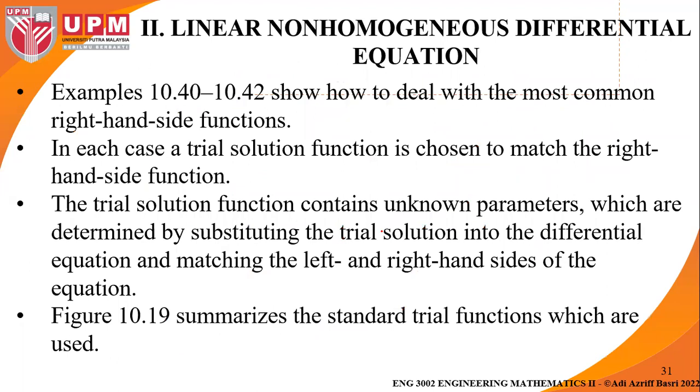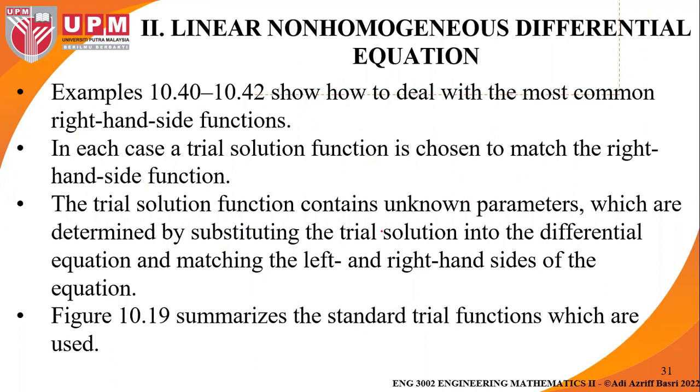Okay, so for the example just now, we showed the non-homogeneous case and how to deal with the most common right-hand side functions. You will depend on the right-hand side, then you select your xt function. Then you need to differentiate based on the left-hand side to find the general equation.